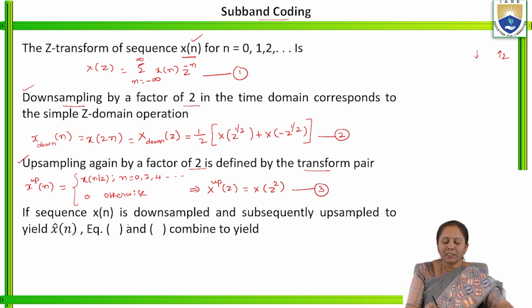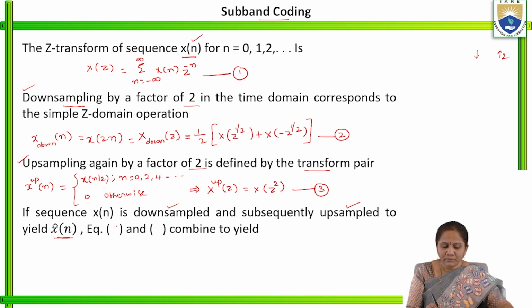Now, in the block diagram, initially x of n is downsampled and then upsampled in order to get the output x cap of n. If we combine the downsampling and upsampling equations, equations 2 and 3, we can write the expression.